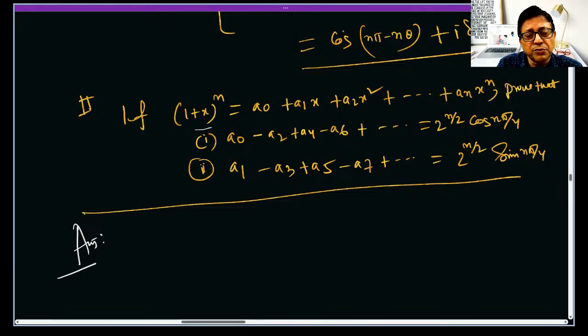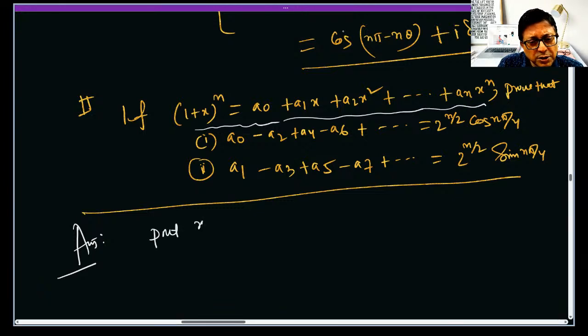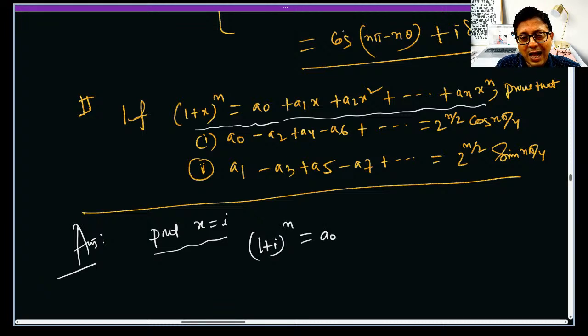So in this relation, what is given? This thing is given, this thing is given. Just put x equal to I on both sides. Now 1 plus I is what?